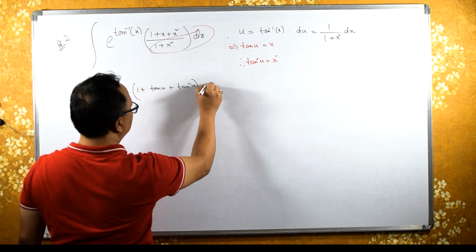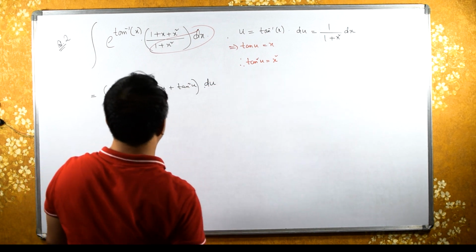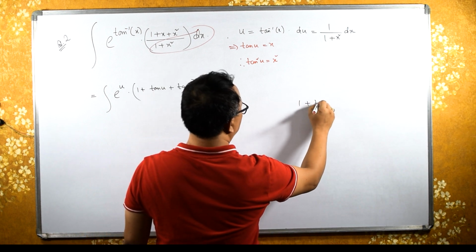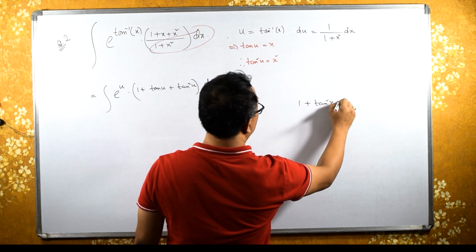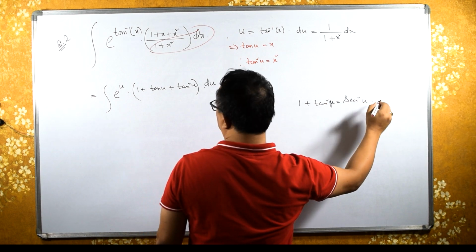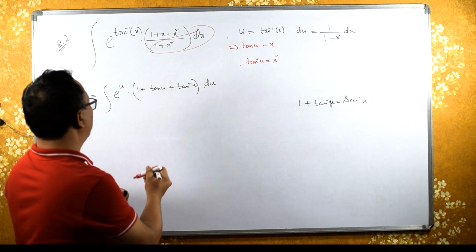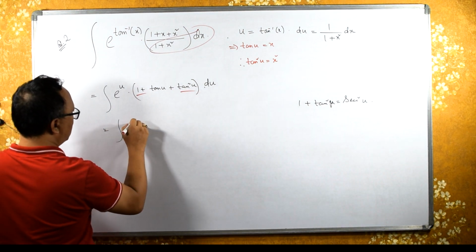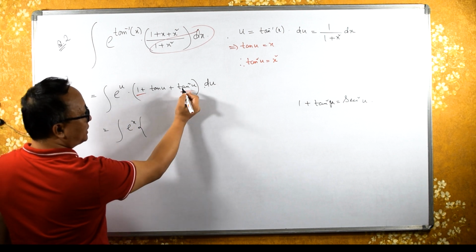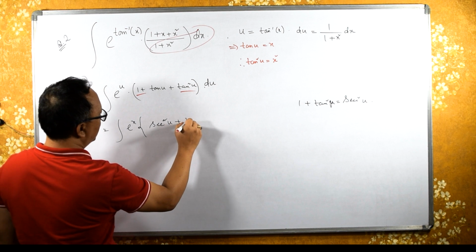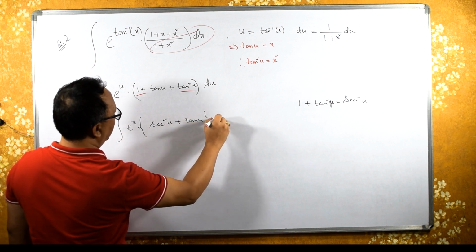Okay, this is my du. We have the identity 1 plus tan square u is equal to sec square u. Now I can write it like this: e raised to u into (sec square u plus tan u) du.